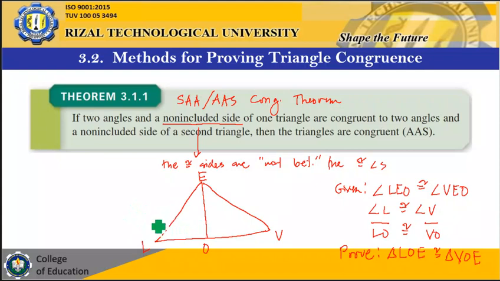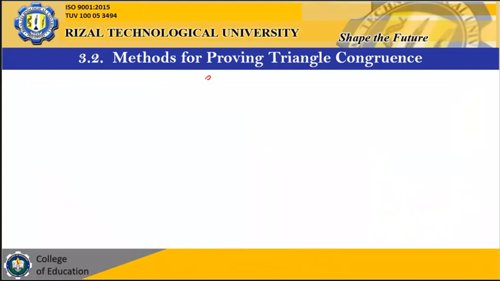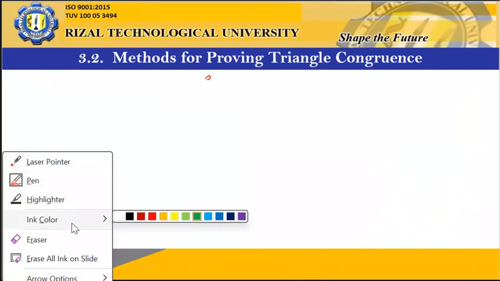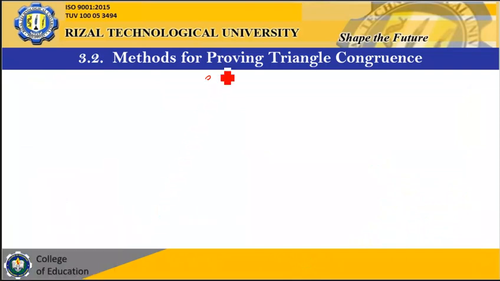From the given, angle LEO is congruent to angle VEO, so this angle is congruent to this angle. Angle L is congruent to angle V, and segment LO is congruent to segment VO. Now, given that information, we are ready for the proof of our theorem.